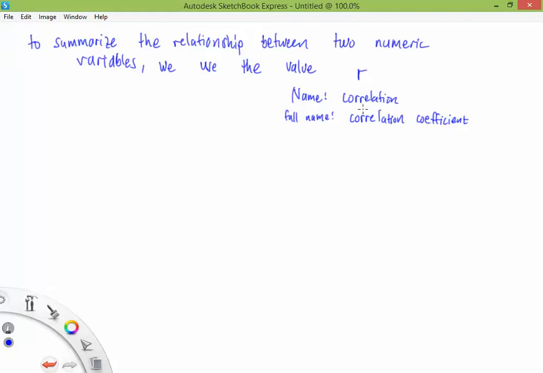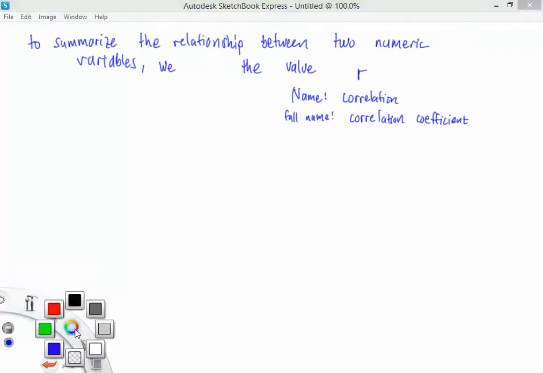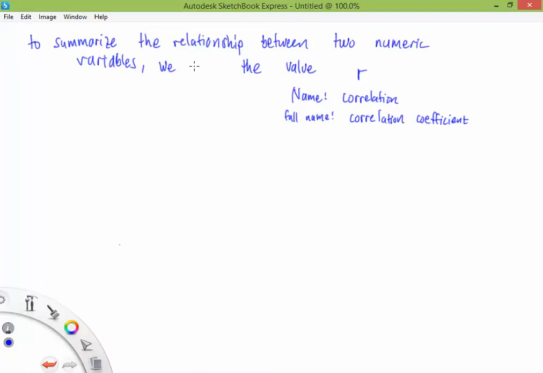We generally just say the correlation between this variable and this variable is some value here. So when you say the lowercase r, that means it's correlation. Correlation coefficient is the full name.